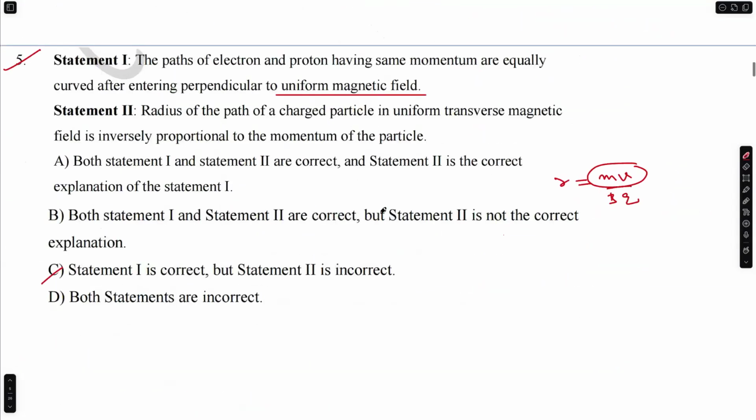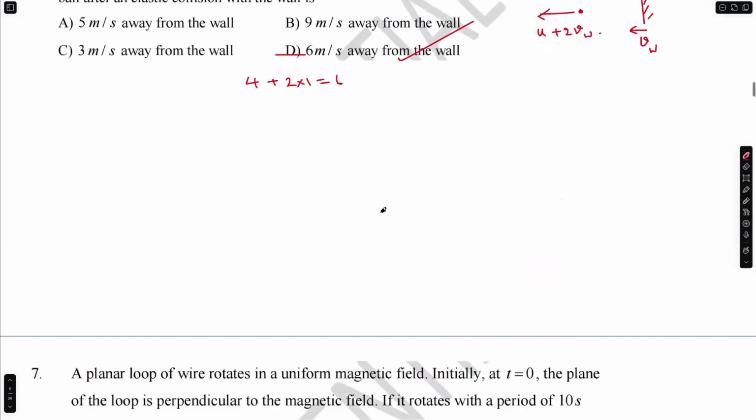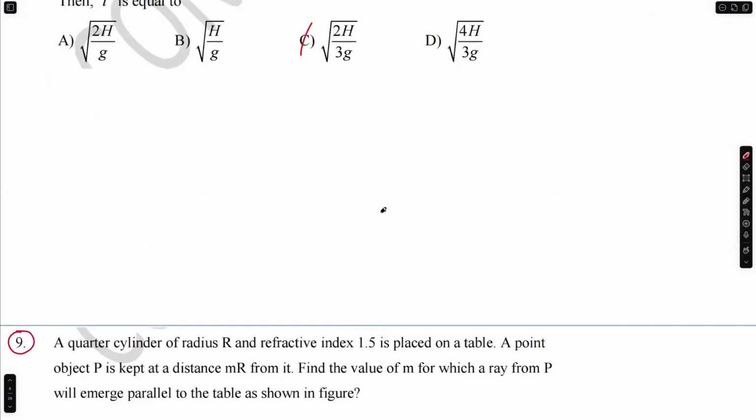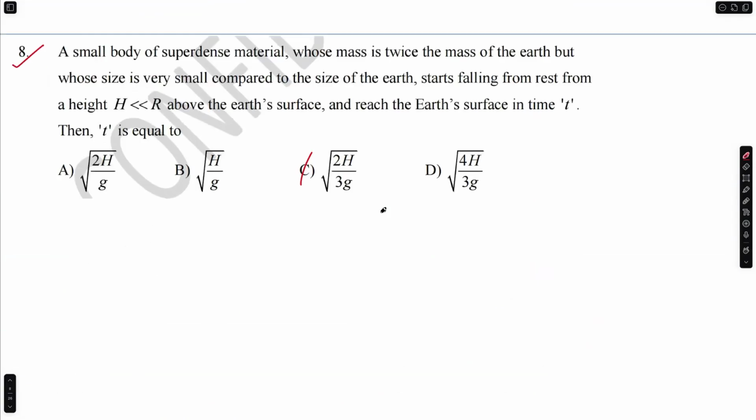Now let me work on other questions which I have marked. I have marked the eighth already. So the eighth question I mark now. A small body of super dense material whose mass is twice the mass of the Earth, but whose size is very small compared to the size of the Earth.